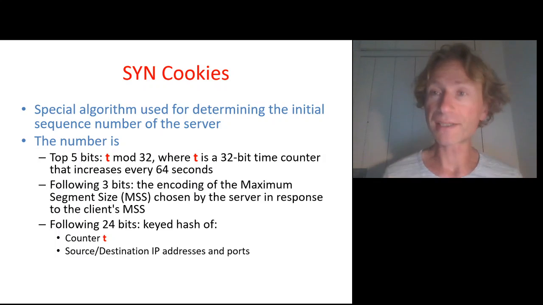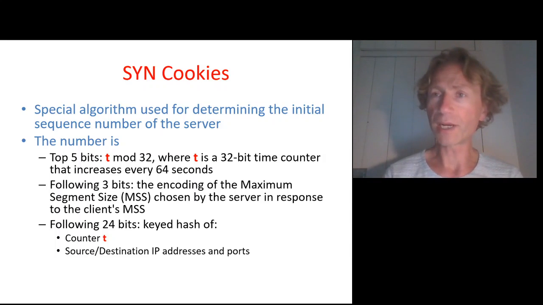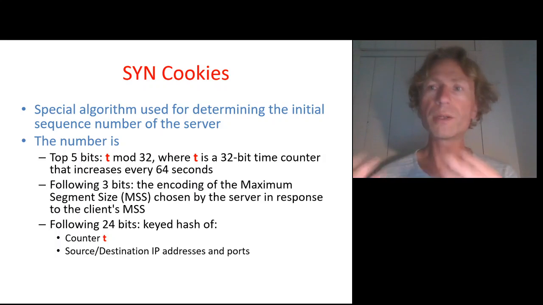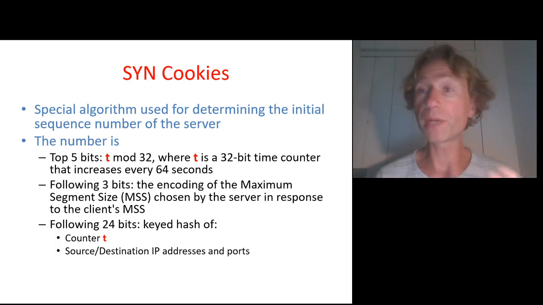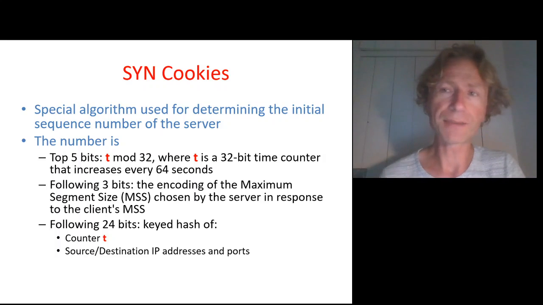It will forget the half-open connections. Only when the third phase of the TCP handshake arrives, coming back from the client, does it start remembering what this was all about, and then it creates the state that corresponds to it. So let's see how it does that.